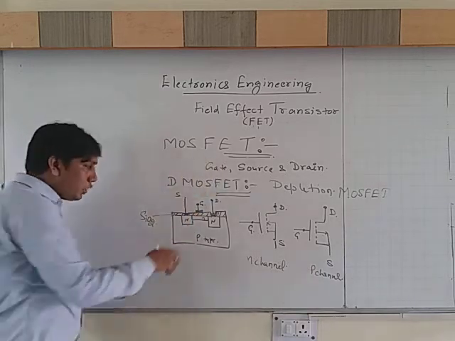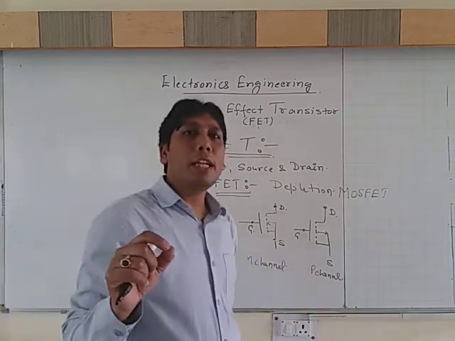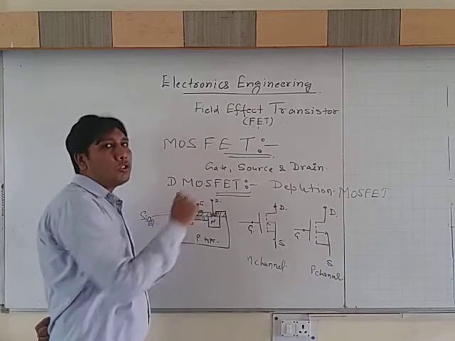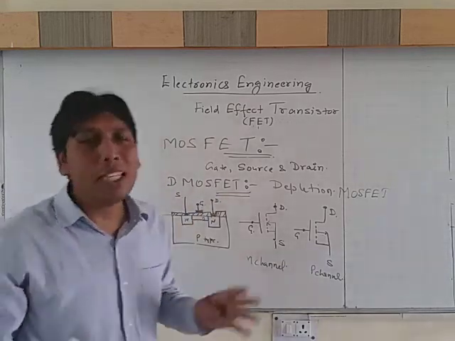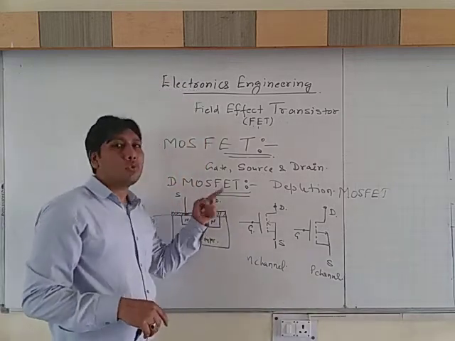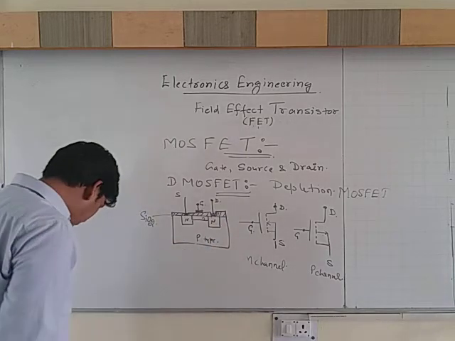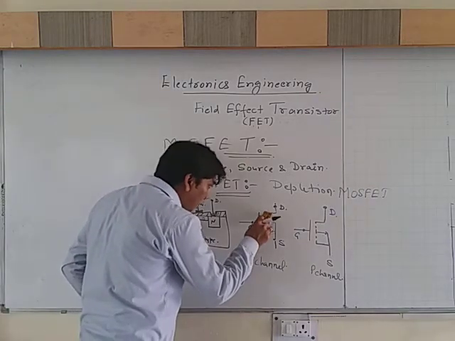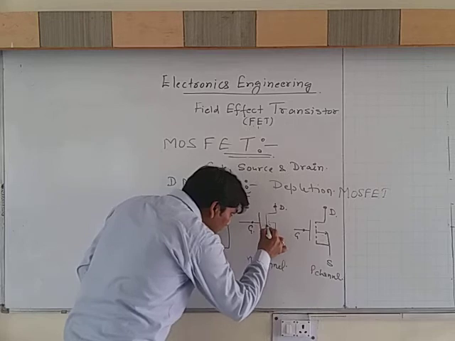If this channel made is of N-type semiconductor material, then it is called N-channel D MOSFET, and if it is made with the help of P-type semiconductor material, it is called P channel D MOSFET. In case of symbol, we just show the complete channel.